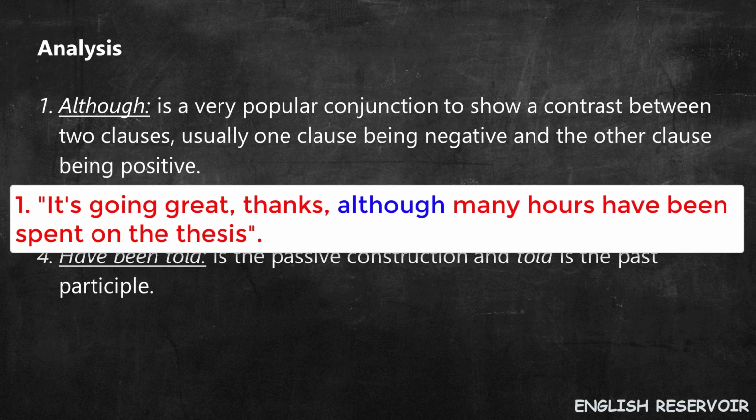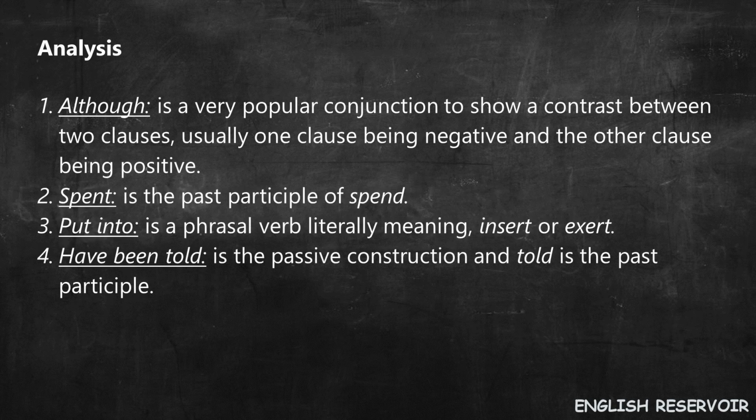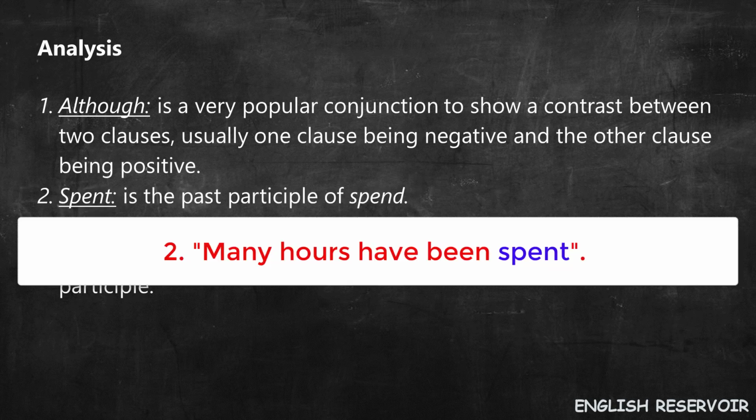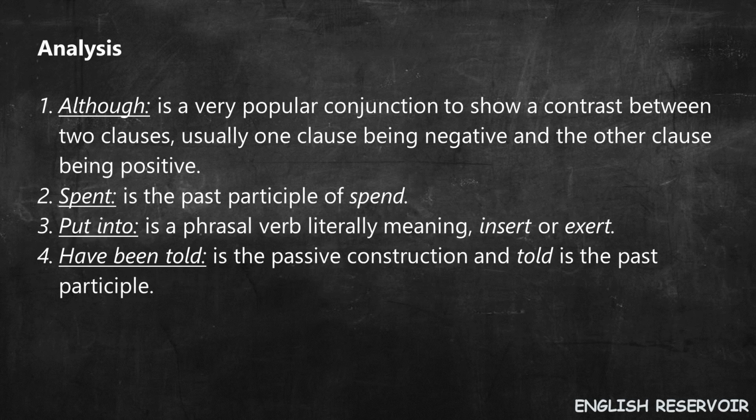Analysis. 1. Although is a very popular conjunction to show a contrast between two clauses, usually one clause being negative and the other clause being positive. 2. Spent is the past participle of spend. 3.